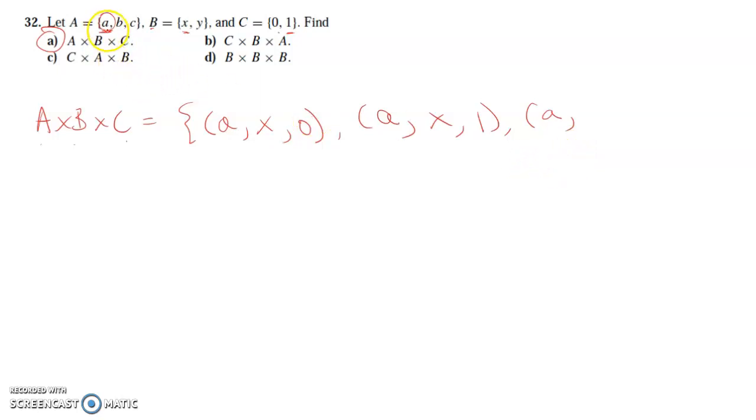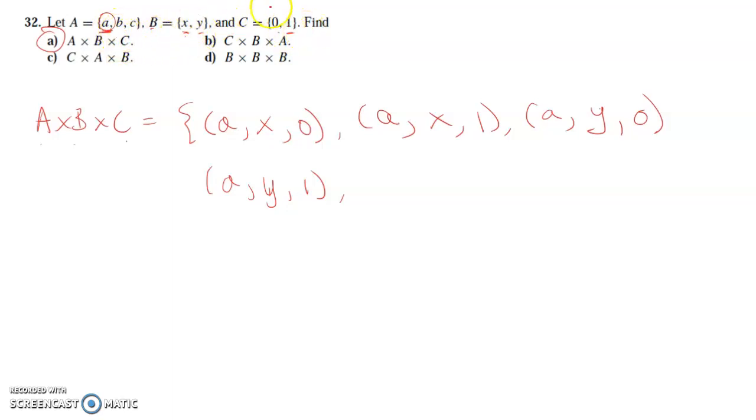I'm still going to take A. It looks like I used up all my X with the choices of C, so now I'm going to use Y. And for C, we can use 0. And I can keep going, Y, comma, 1. So it looks like I used up all the combinations that start with A, then with X and Y, and likewise for C.